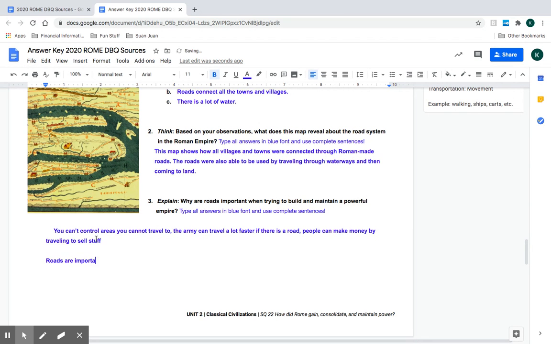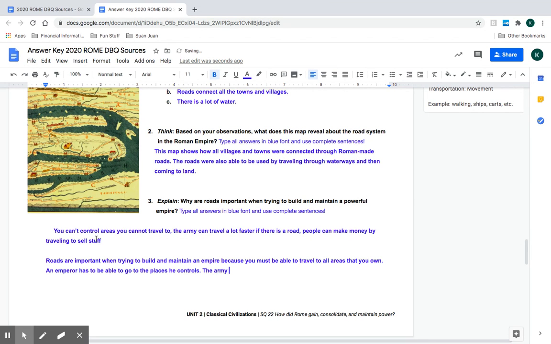Roads are important when trying to build and maintain an empire because you must be able to travel to all areas that you own. That's my first reason, right? An emperor has to be able to go to the places he controls.